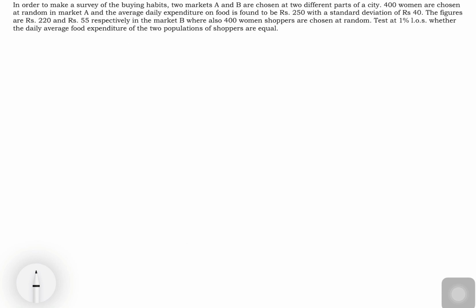Okay. In order to make a survey of the buying habits, two markets A and B are chosen at two different parts of a city. 400 women at random in market A. So in market A, 400 women are chosen. So that will be N1. And the average daily expenditure on food is found to be rupees 250. So this is the sample mean.